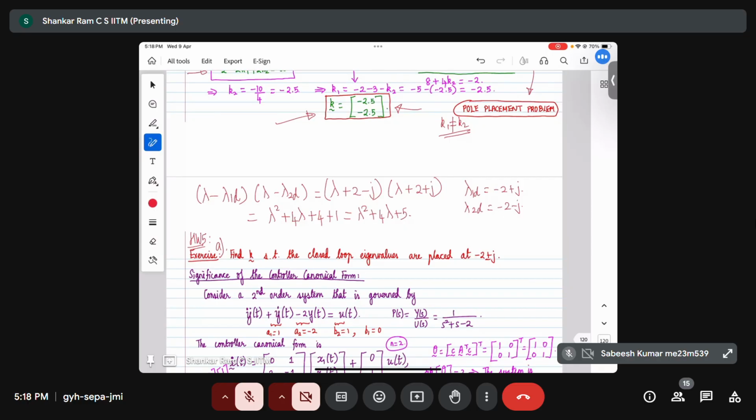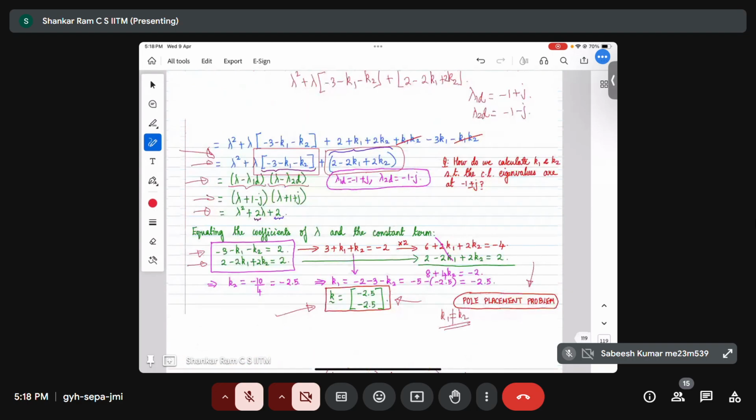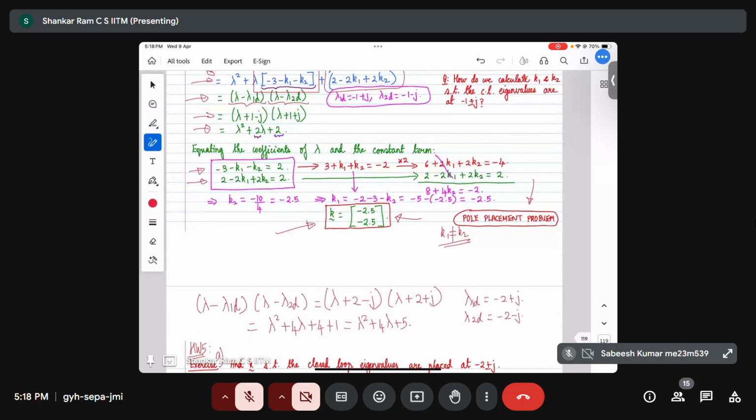Anyway, you submitted this as homework number 5 first problem. Doesn't matter, although we have solved it now. If we compare the coefficients, -3 minus k1 minus k2 will be 4, and 2 minus 2k1 plus 2k2 will be 5.